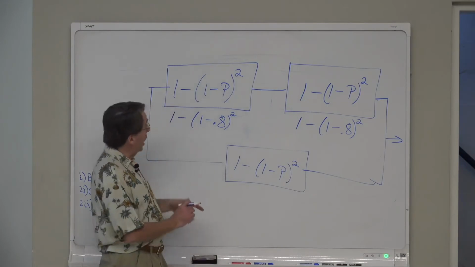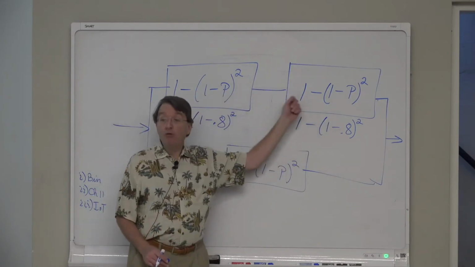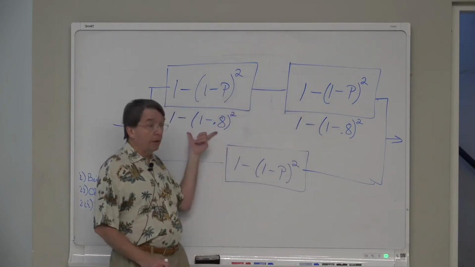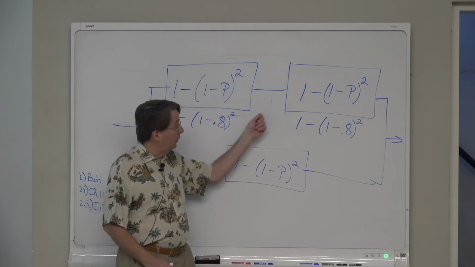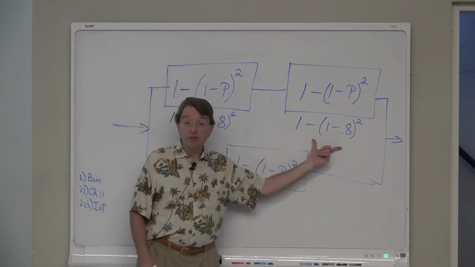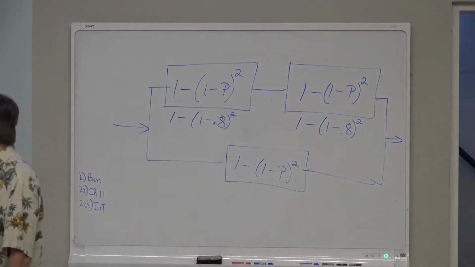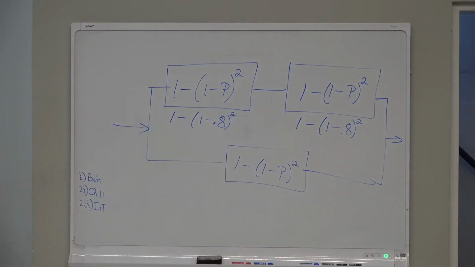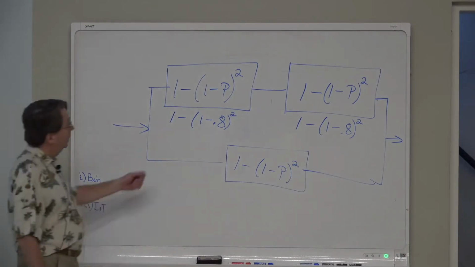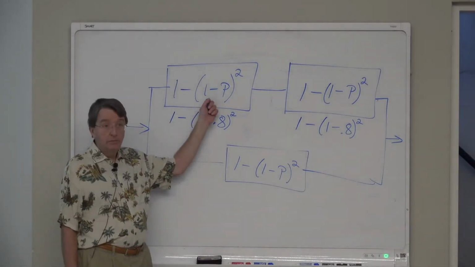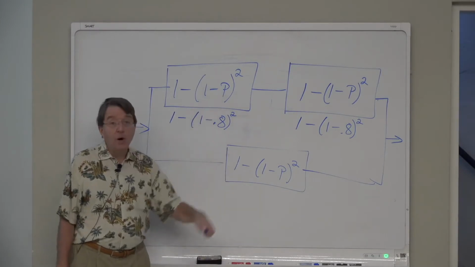The only way the upper path works is if both sensors work. So I take this probability of it working, and I multiply it by the probability of this sensor. That gives me the probability of the upper path working. Jesse, I have my fingers crossed. You get 0.9216, or have I? Oh, I hope I didn't do so. 1 minus 0.8 squared, 1 minus that. Take that quantity and square it.